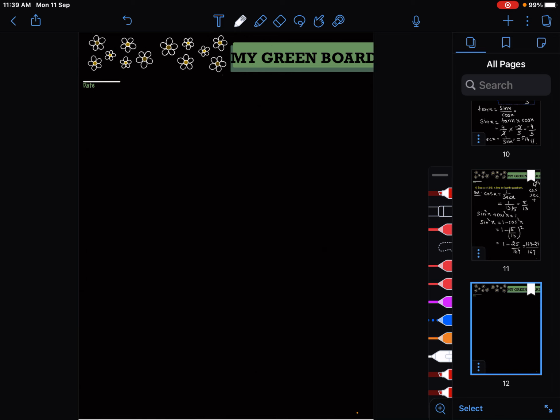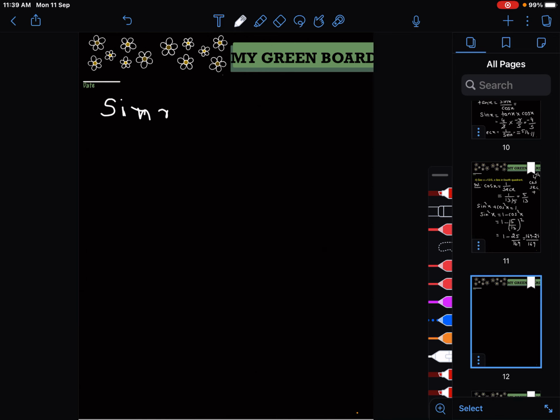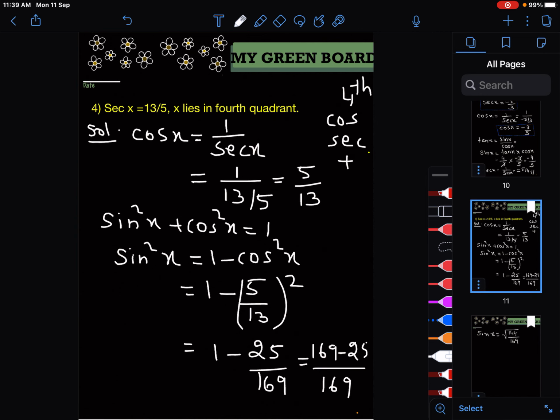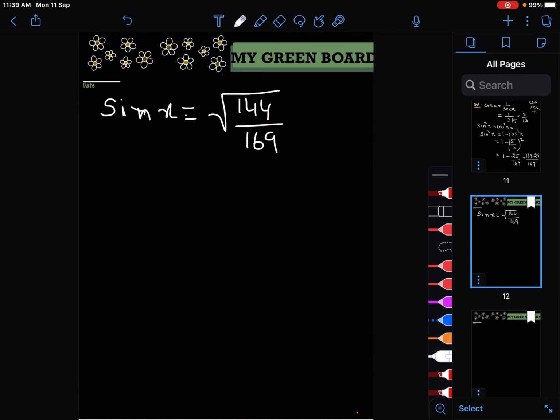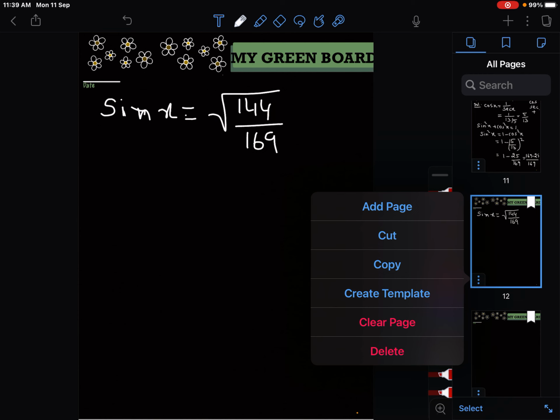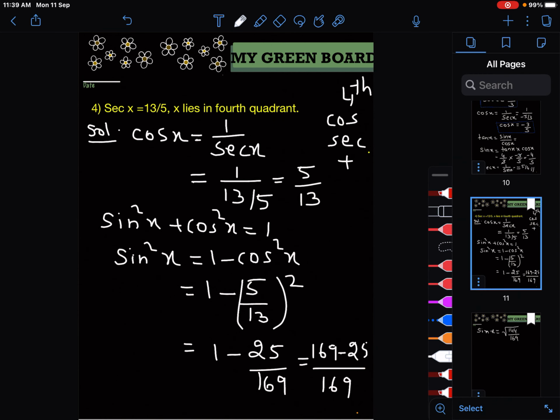So here we will be getting the sin x value as root of 169 minus 25, which would be 144 by 169. Got it, children? We have 169 minus 25, and we get the value as 144. We are putting the root on both sides, because this is sin square x.